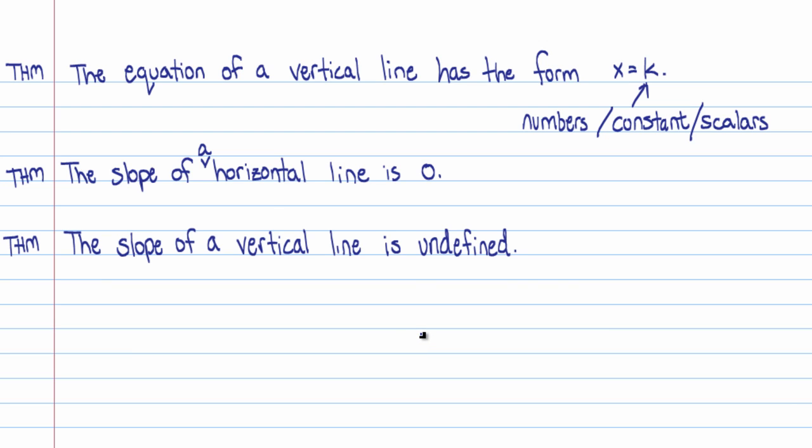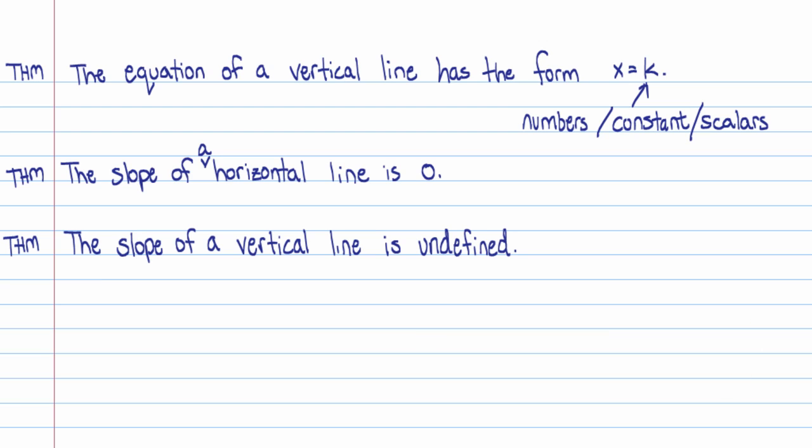And what I try to preach in a classroom environment is that you should try to understand mathematics rather than memorize mathematics. The horizontal line having a slope of 0 is very understandable. But I think students have a hard time understanding why the slope of a vertical line is considered to be undefined.